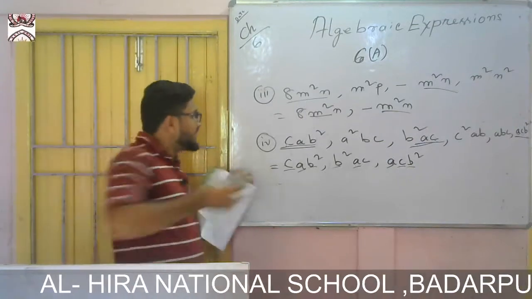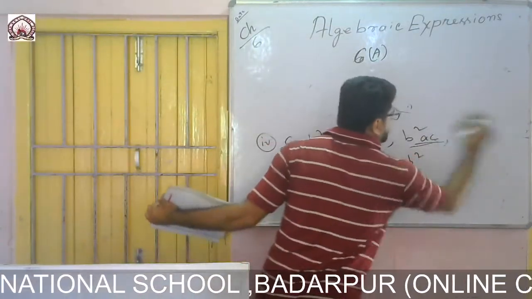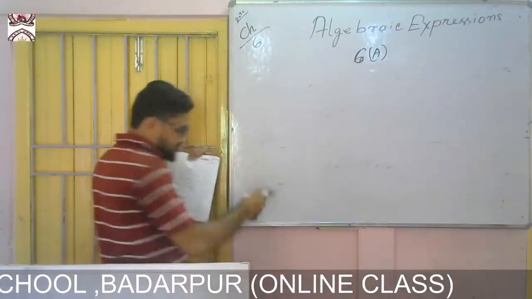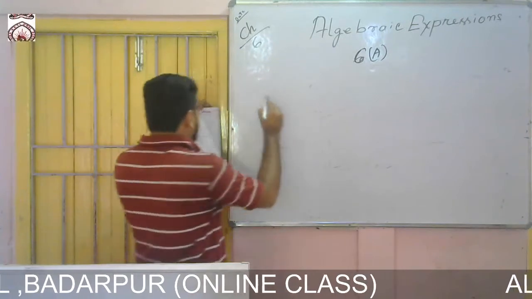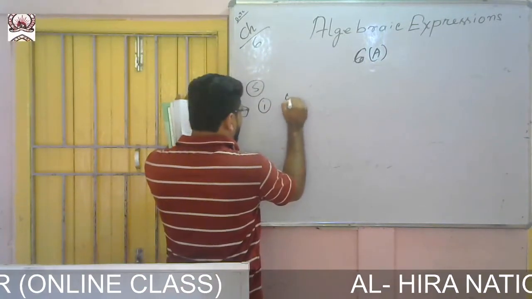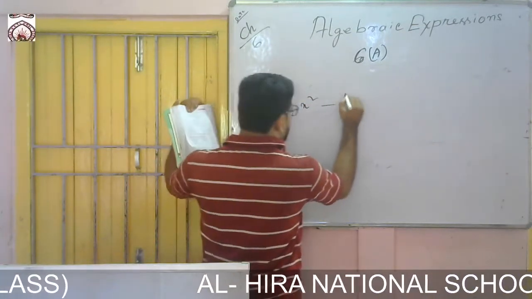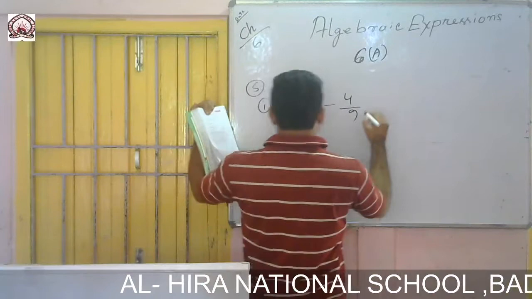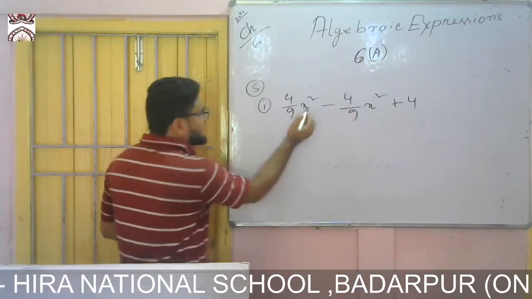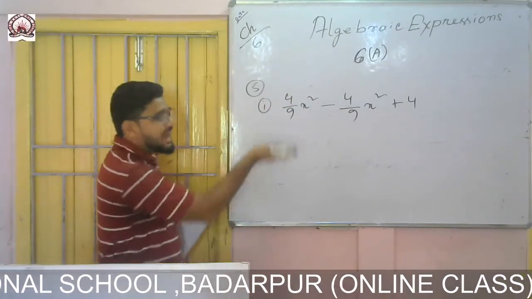So come to question number 5. Number 1: 4 by 9 x square minus 4 by 9 x square plus 4. You see, this x square is in the upper portion, that is, in the numerator.